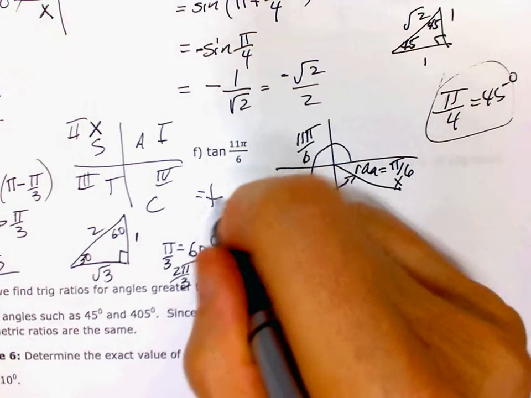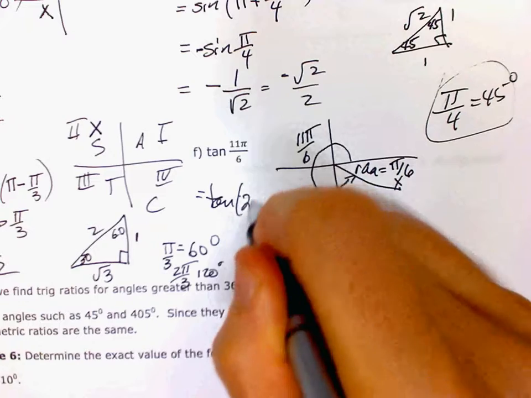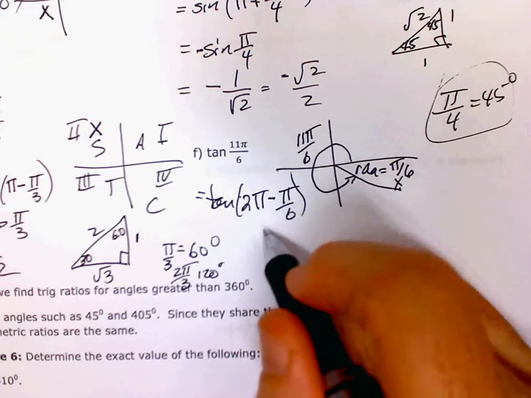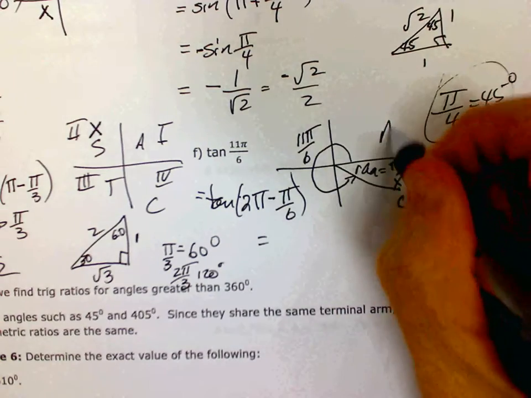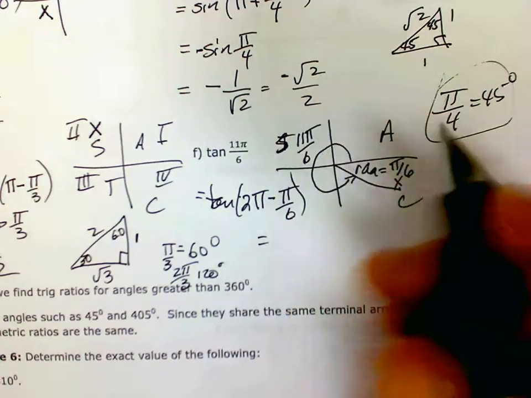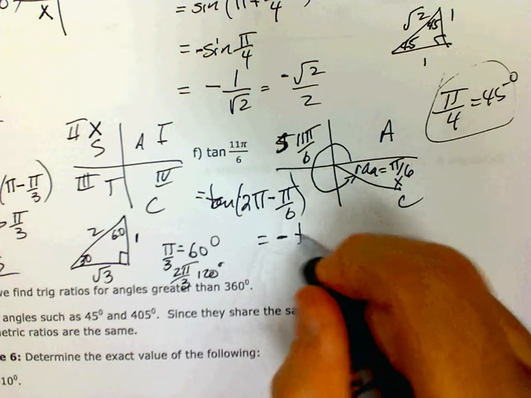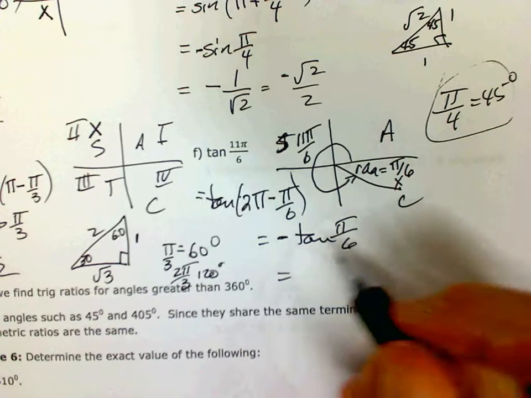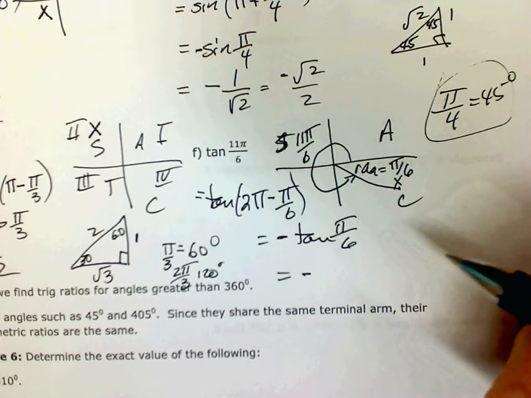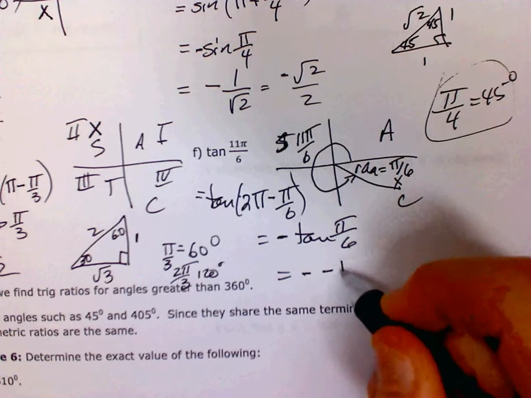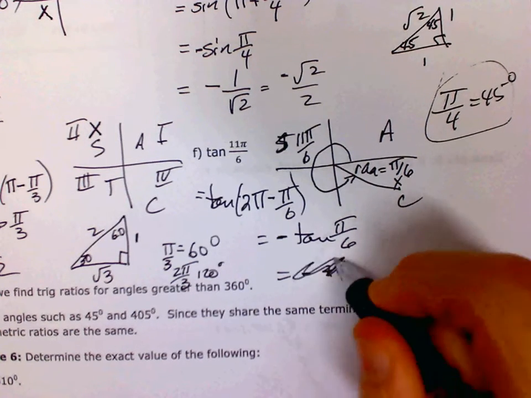Will tan be positive or negative? How many degrees is pi by 6? What's the tan of 30? Very good.